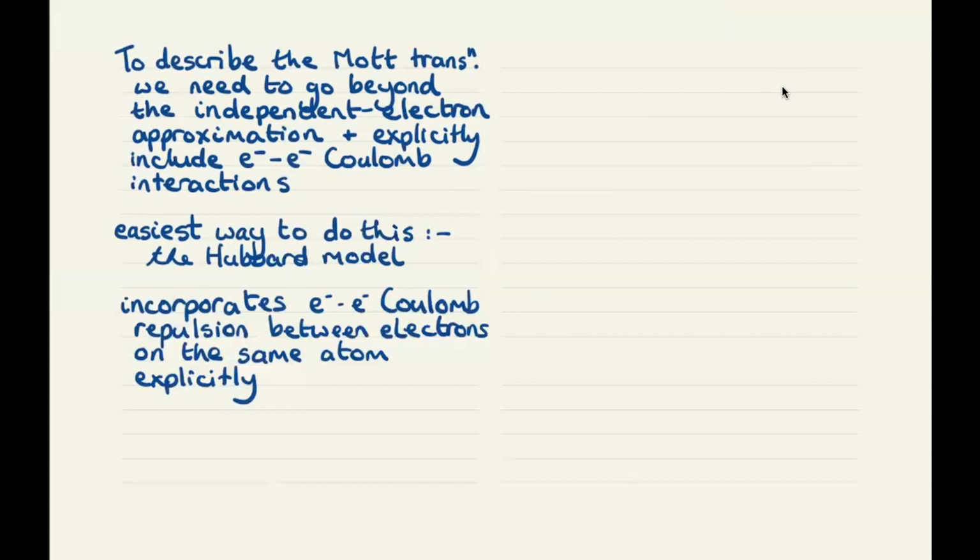So before we start looking at band structures in the Hubbard model, I want to go back and start with the simplest possible scenario, which is the hydrogen atom. So let's start with the hydrogen atom and think about first the band theory picture and then the Hubbard model picture.